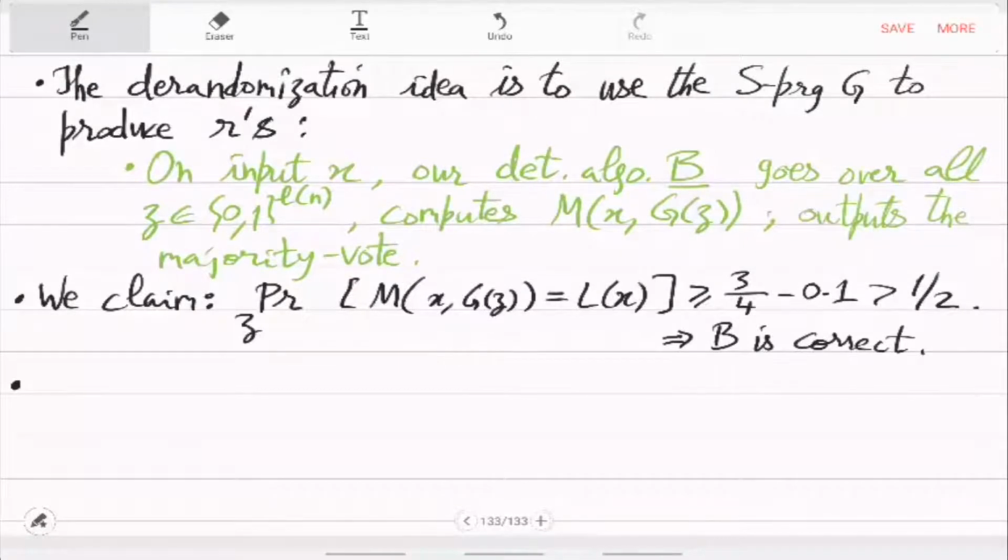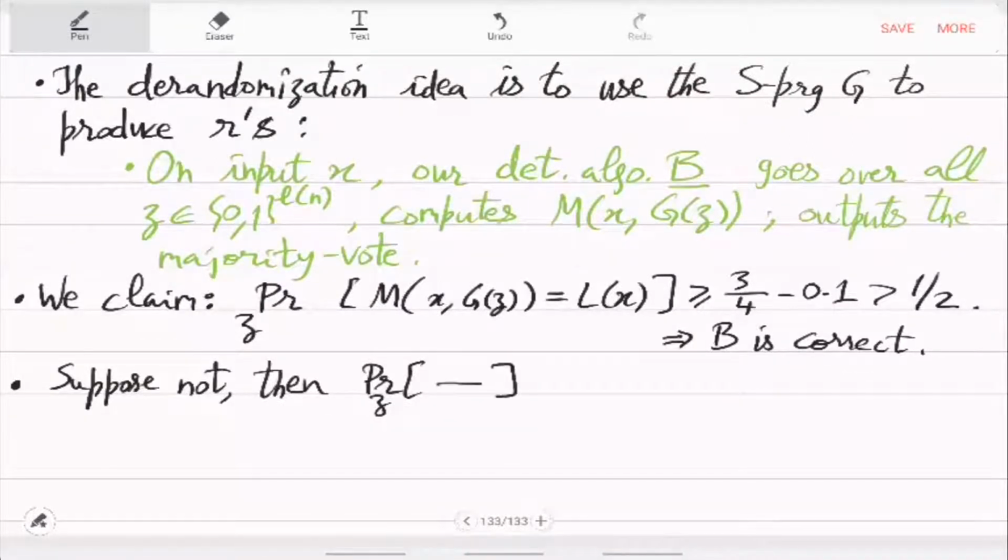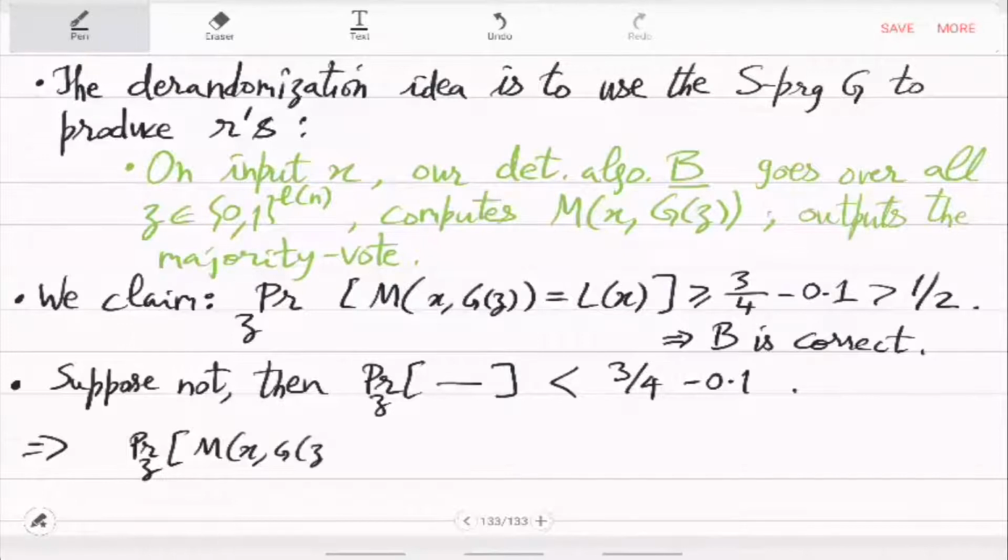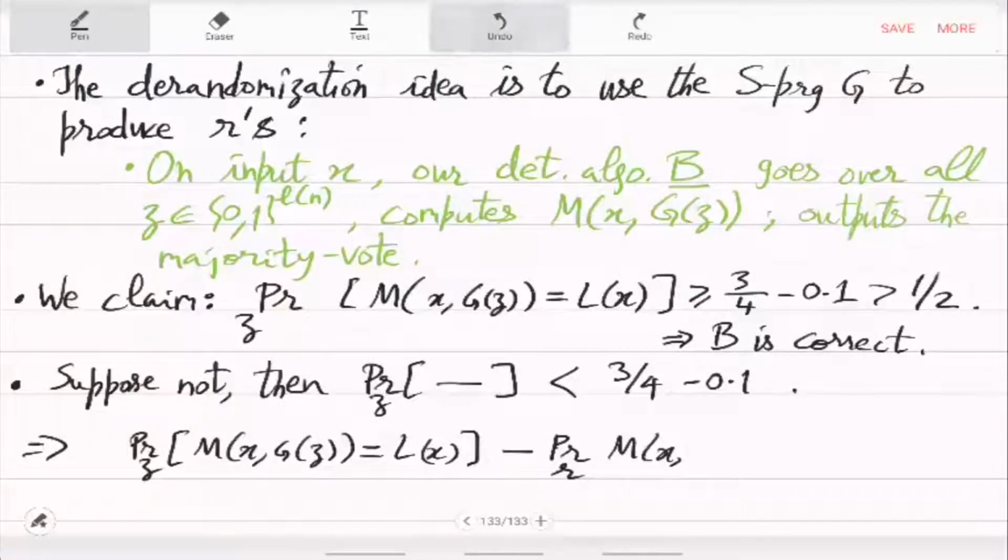So, suppose this probability estimate is wrong, suppose not. Then the probability is less than 3/4 minus 0.1, which means that the probability over Z of M(x, G(Z)) being equal to L(x), minus the probability over R of M(x, R) equal to L(x), is large.